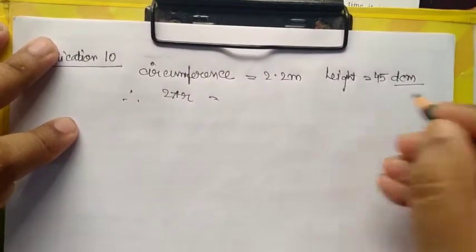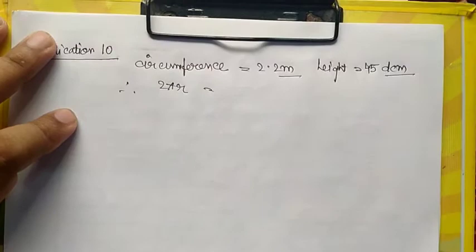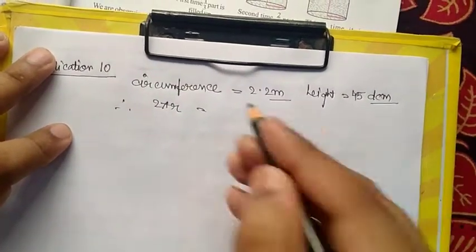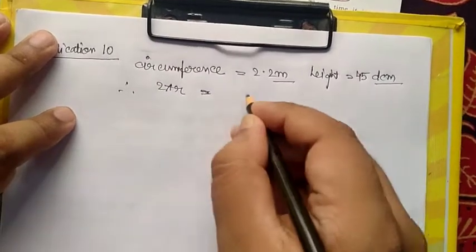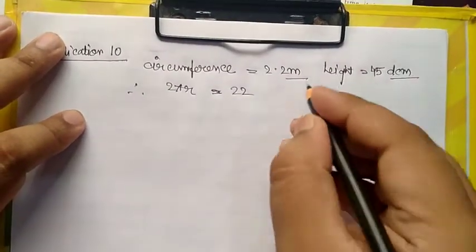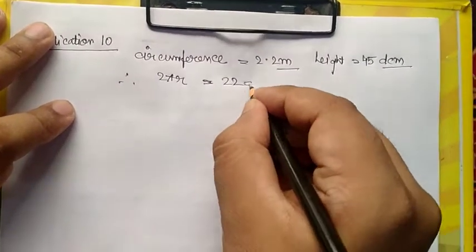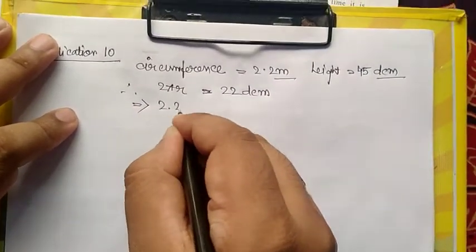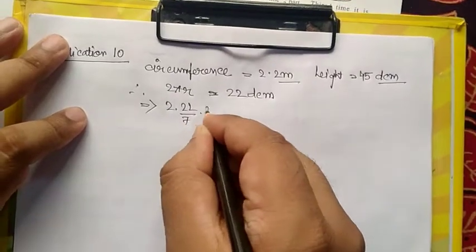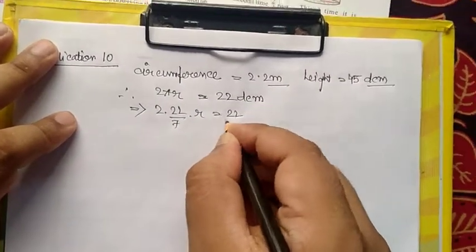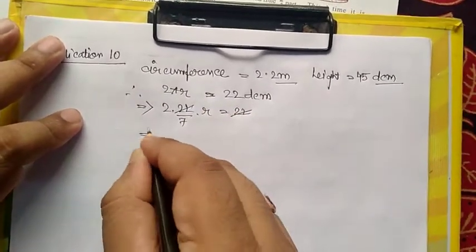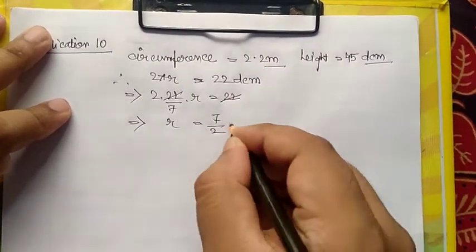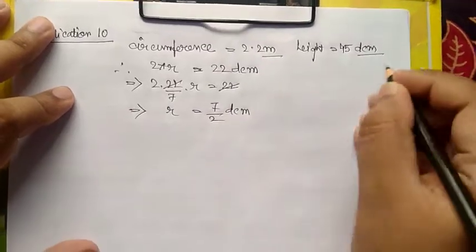It's in decimeter and it's in meter, so we have to convert it into the smaller unit, decimeter. So we can write 22 dcm, where 2 into 22 by 7 into r equal to 22. So r equal to 7 by 2 decimeter, and the height is 45 decimeter.